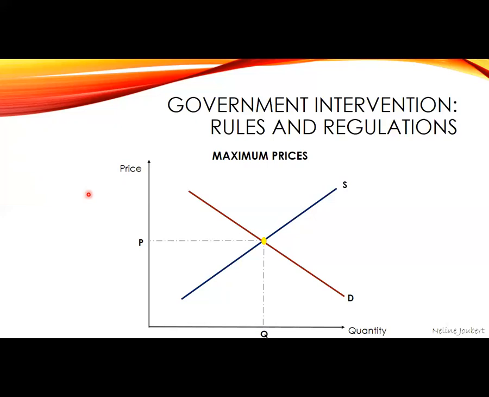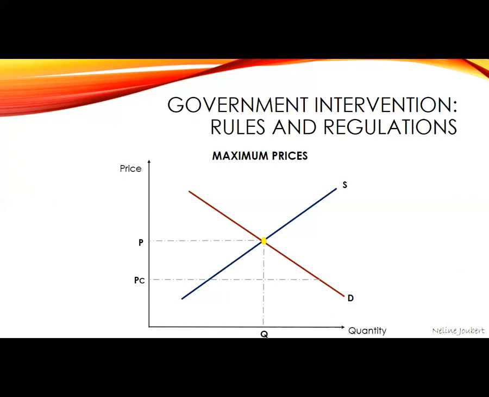And your maximum prices are to ensure that everybody has the same access to these goods or services, and to help the poor to also get access to these goods. Maximum prices are also referred to as price ceilings, and it is set below the market equilibrium price.